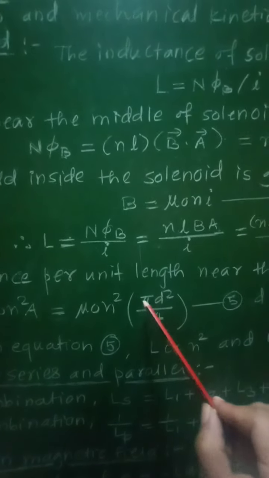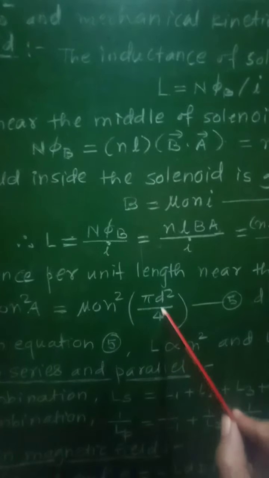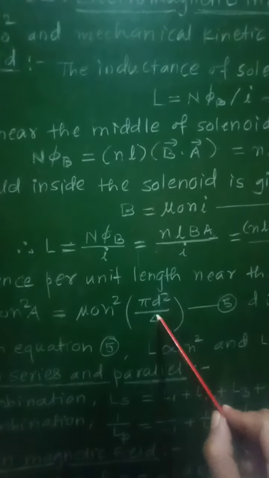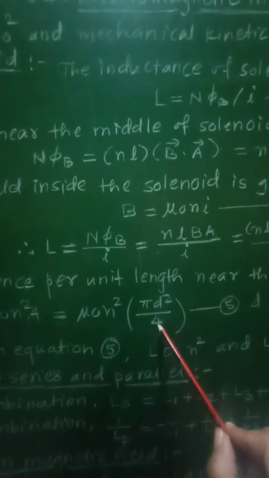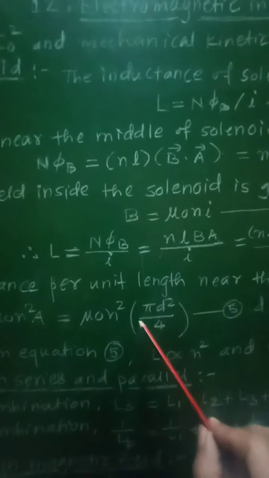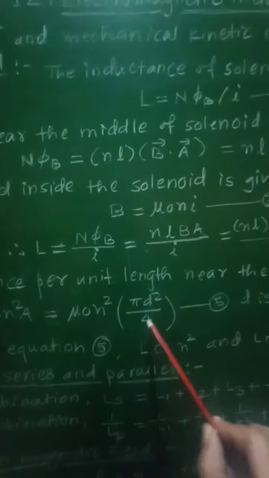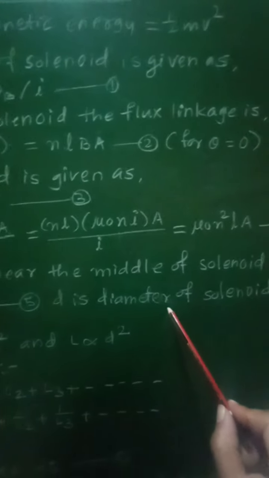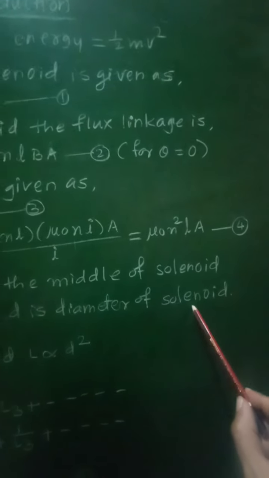Area of circle is pi r square, but r is equal to d by 2, so r square will be d square by 4. So this term will be pi d square by 4, equation number 5. In this case, d represents the diameter of the solenoid.